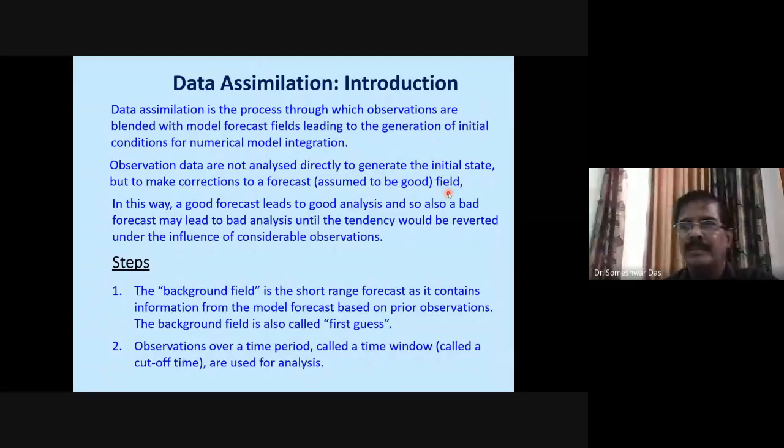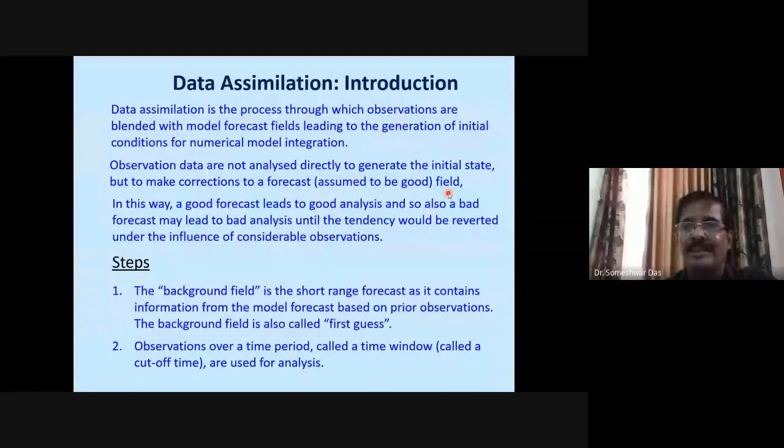Why? Because all the observations which are collected at 5:30 in the morning cannot reach the operational centers at once, right? Because they have to come from all over the world. It is a global data assimilation system. Of course, we have the regional data assimilation system also, but observations collected all over the country, even within one country, also cannot reach just at that time.